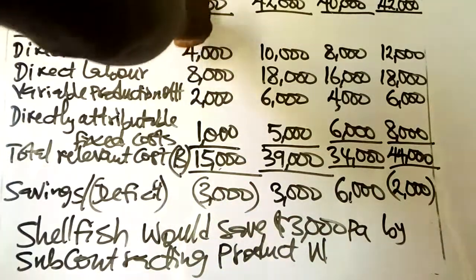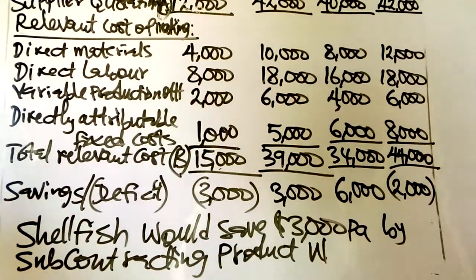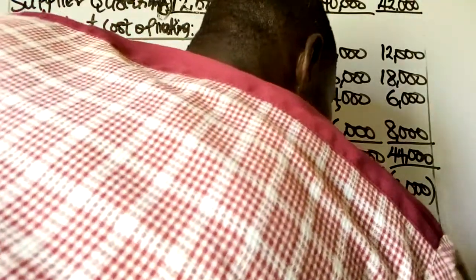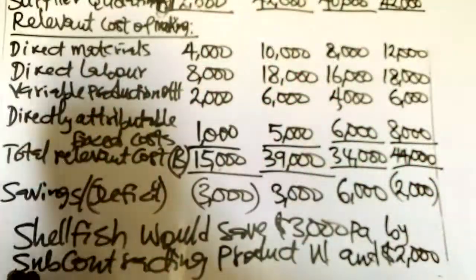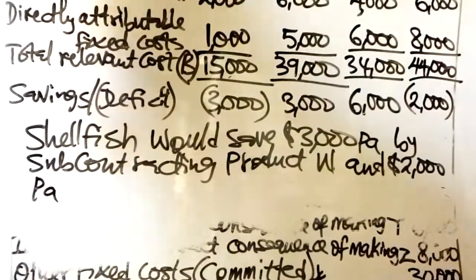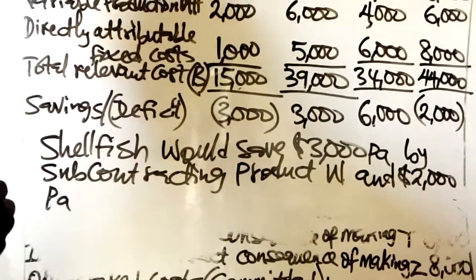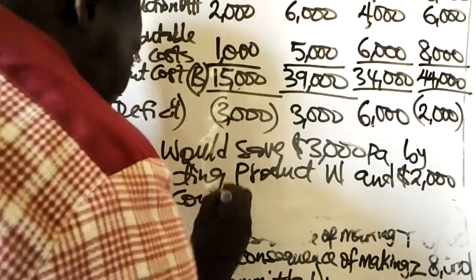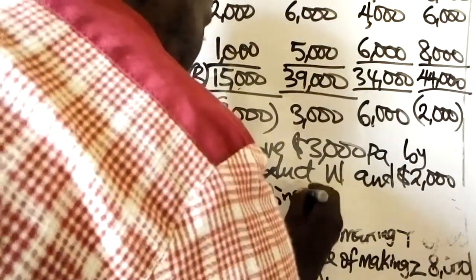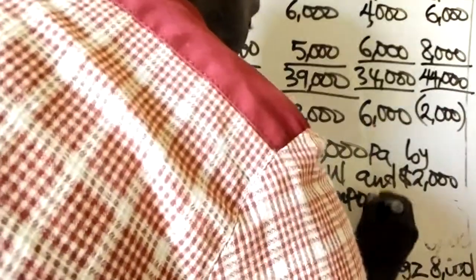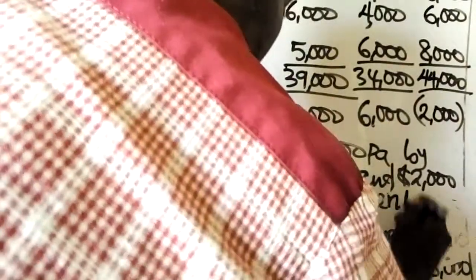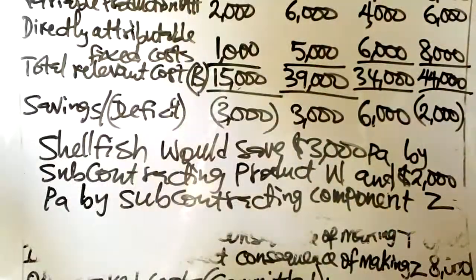In that case, product W should be subcontracted, and $2,000 per annum by subcontracting component Z.